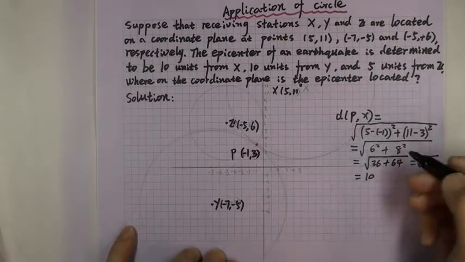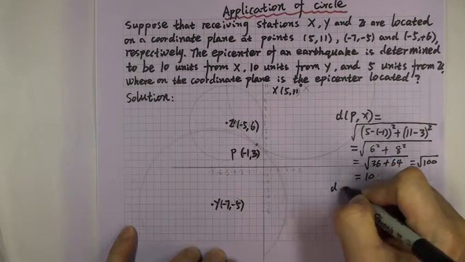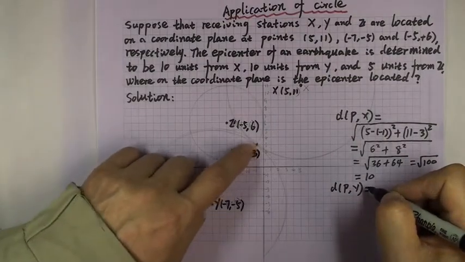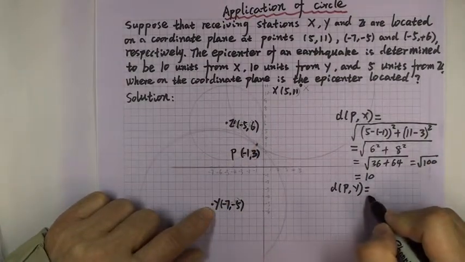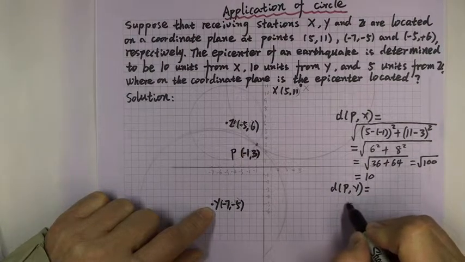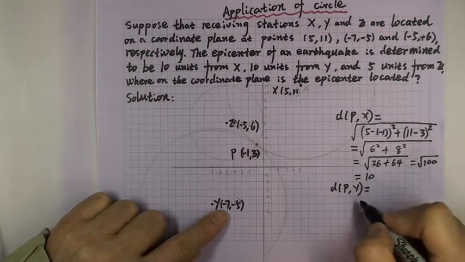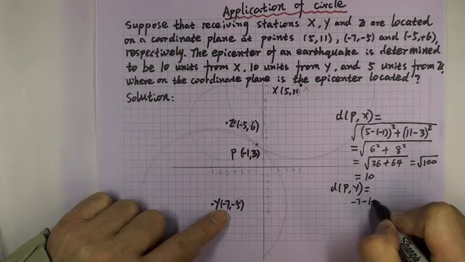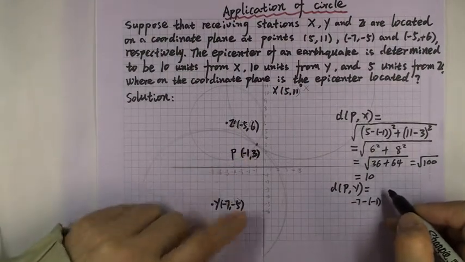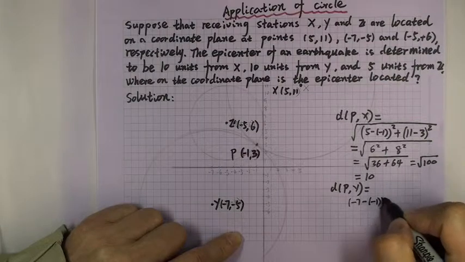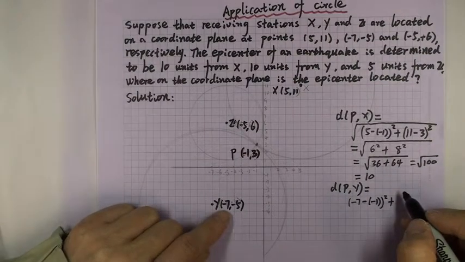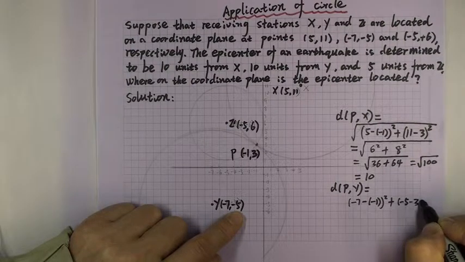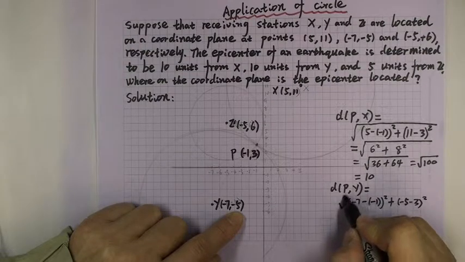You may also check the distance between P and Y. Again, that's the square root of (-7 minus -1) squared plus (-5 minus 3) squared.